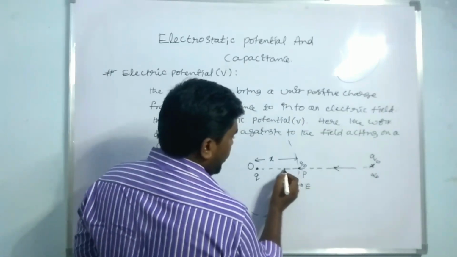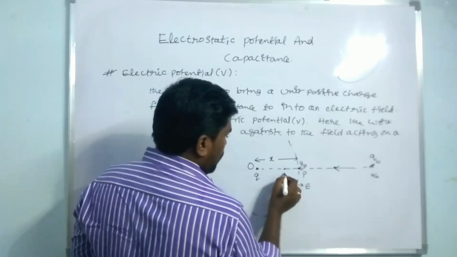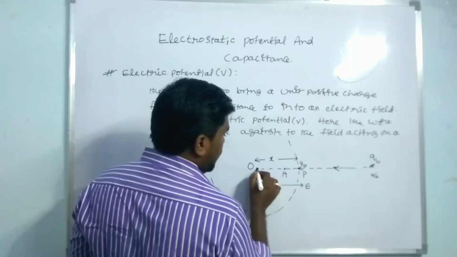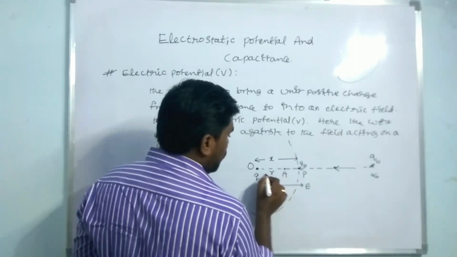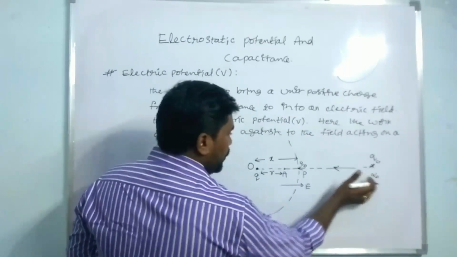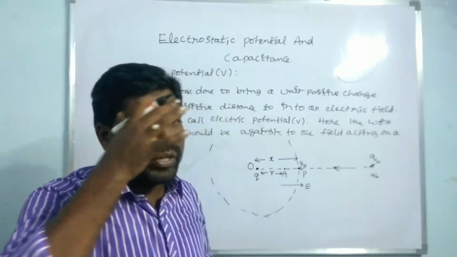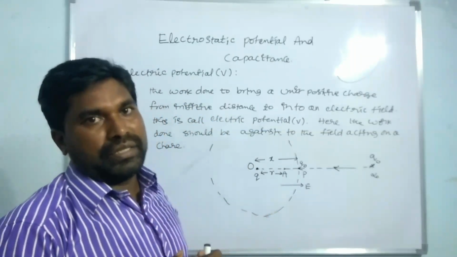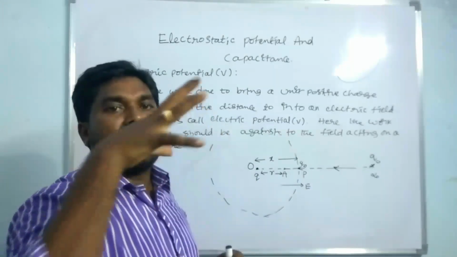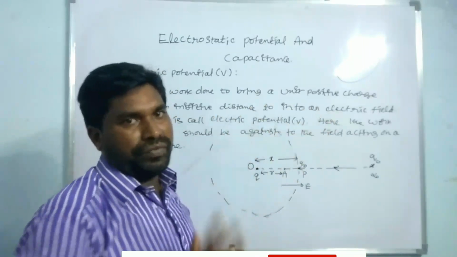For example, we need to move from point P to point A, where the distance from O to A is equal to R. We need to go from infinite distance to R distance. R distance is the point which is in the electric field. Infinite distance is the point which is outside of the field.